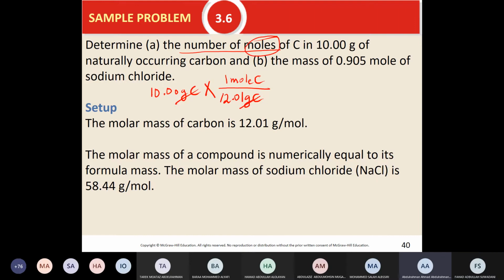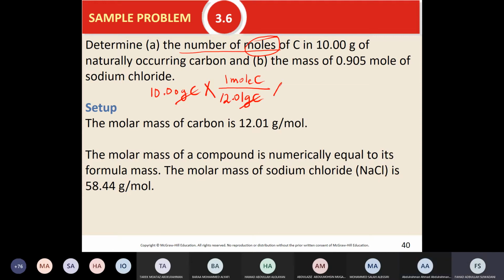Now I'll ask you, if I have 10 grams carbon, how many molecules is this? If you ask for molecules, you use the Avogadro number. Exactly. Get rid of units. How can I find the number of molecules? What's the next step?